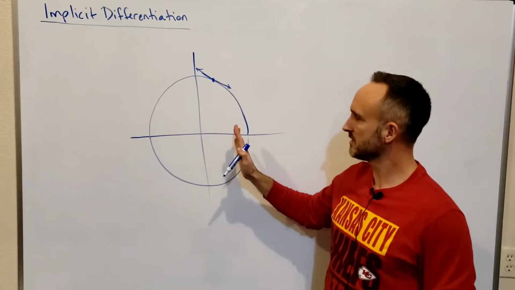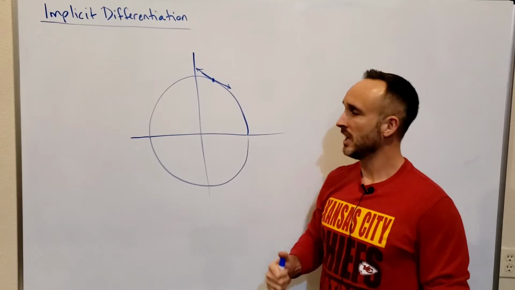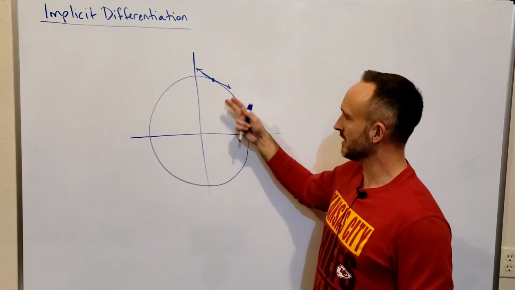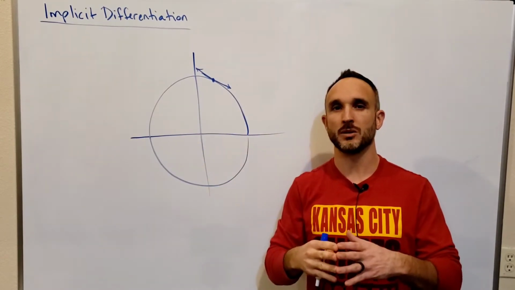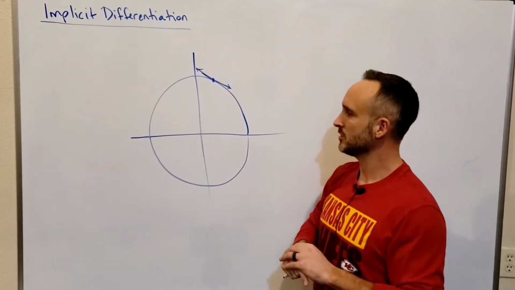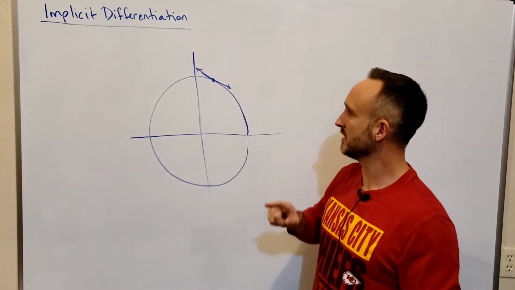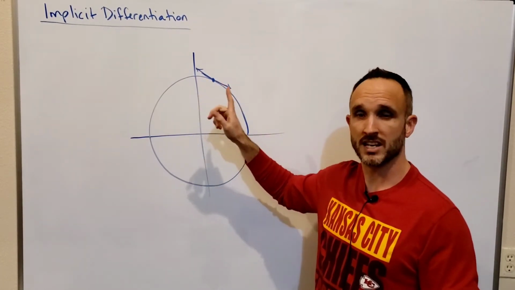And so this curve, this circle, is certainly not a function. And we'll see that if we were to write the equation for this circle, we'd get what's called an implicit equation between x and y. And so we'll come back to that later on so that we can see how to differentiate this and find the derivative or the slope of this tangent line.